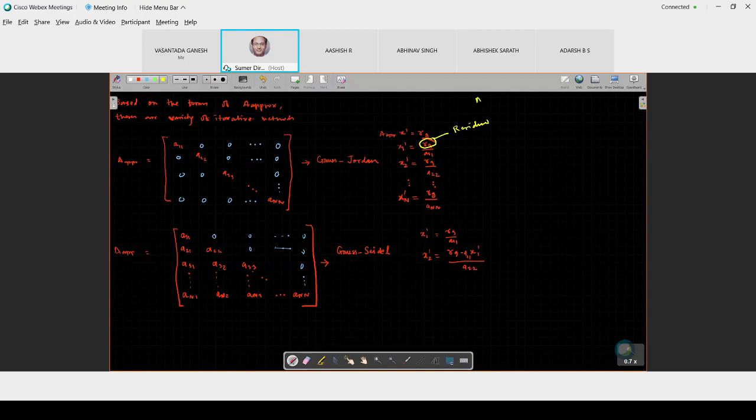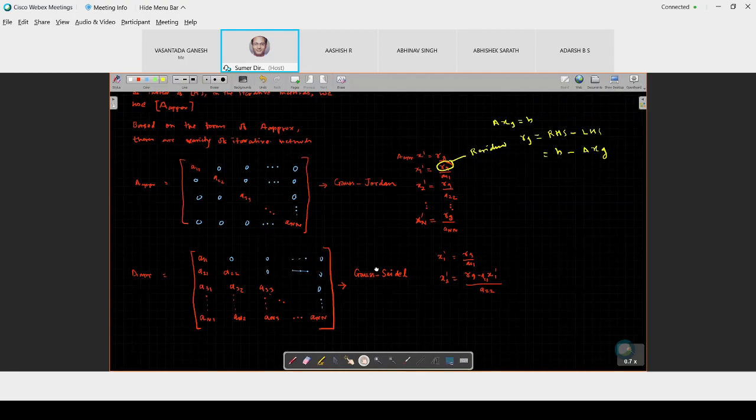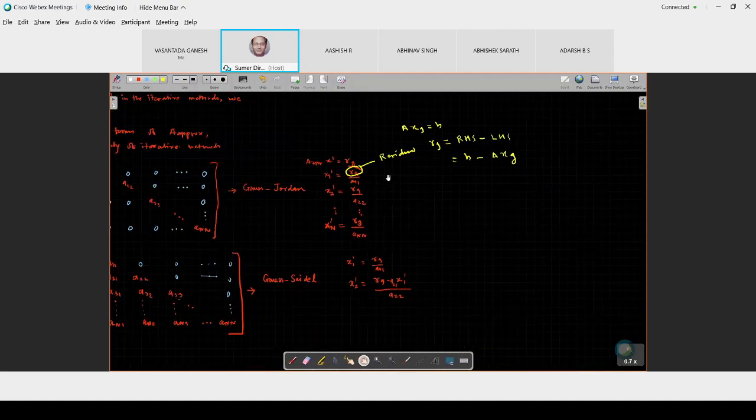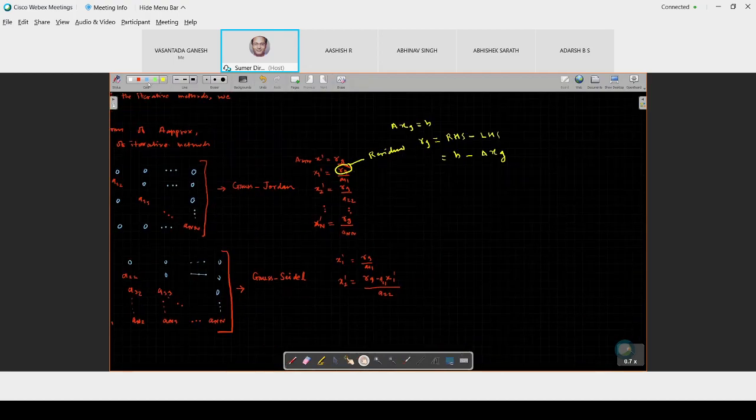Suppose we have a system A x = b. Then the residual rg is the right hand side minus left hand side, that is b minus A xg, and we have already shown that b minus A xg is our residual.